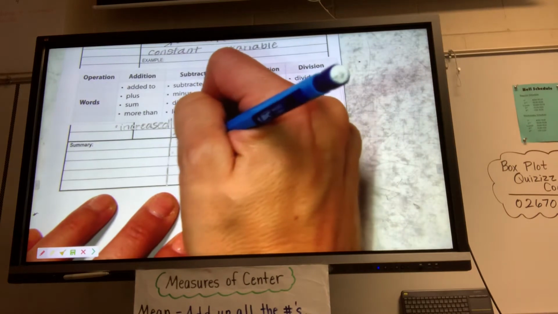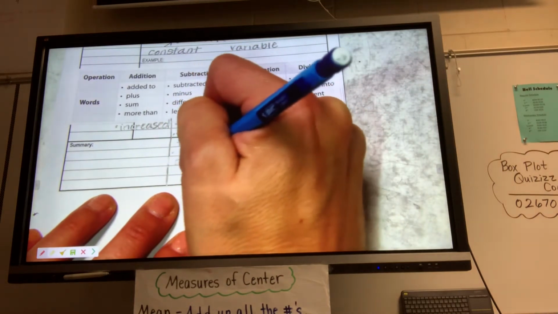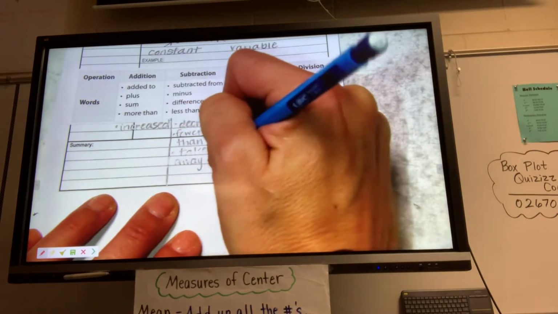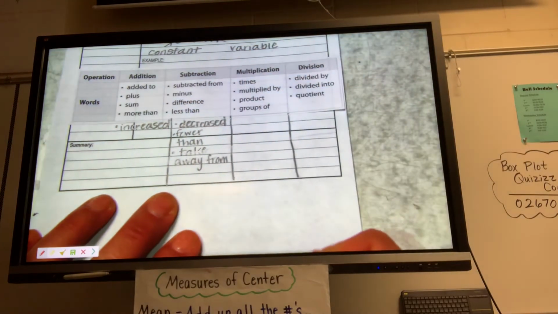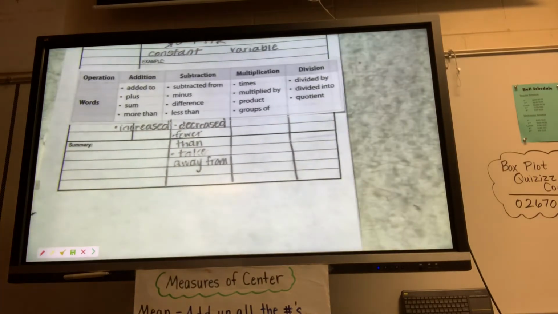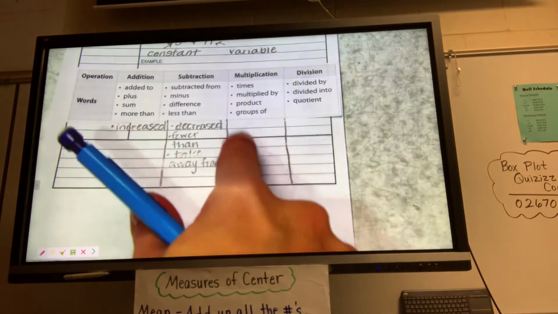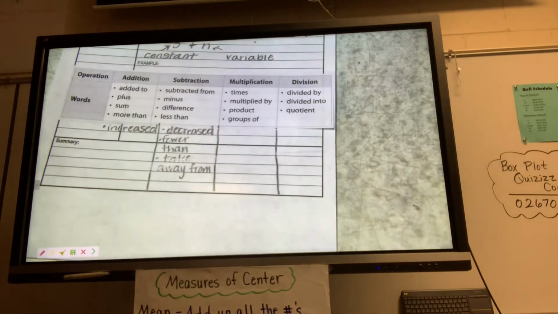Take away from. And as we go along in this chapter, we can add some more to our list if we come up and find some other ones.